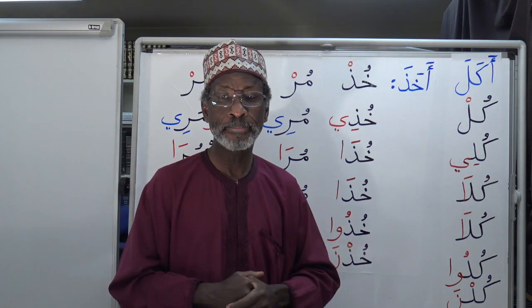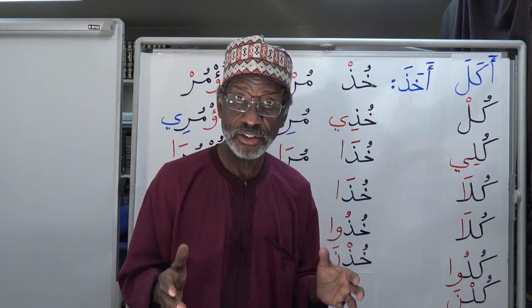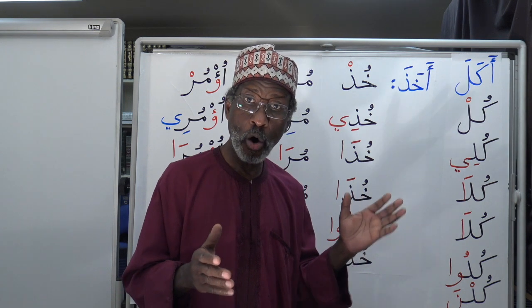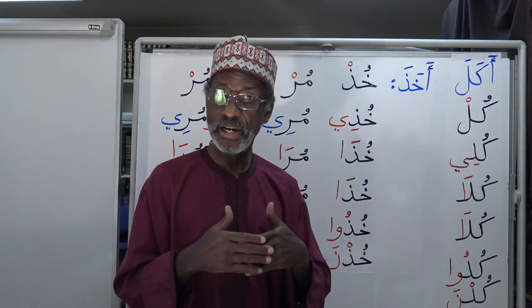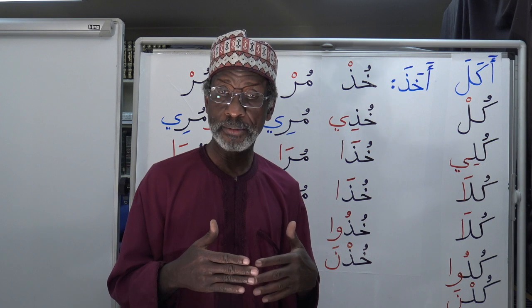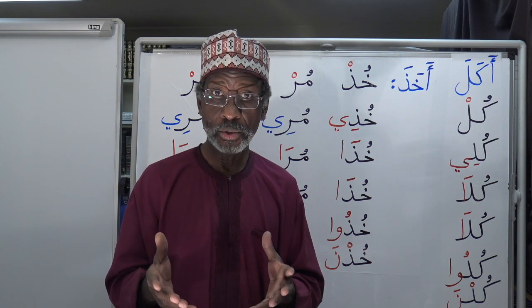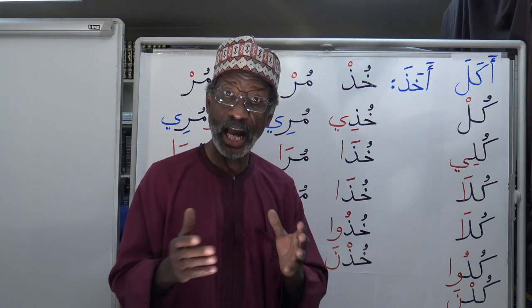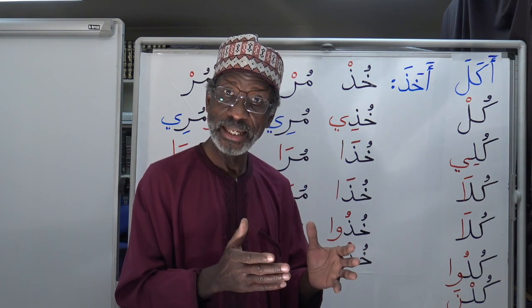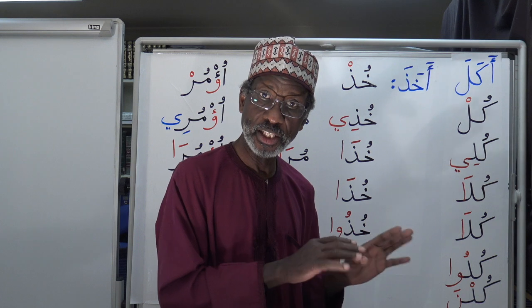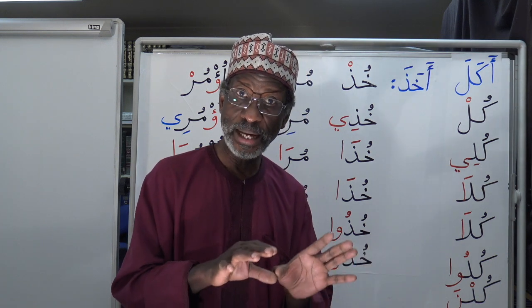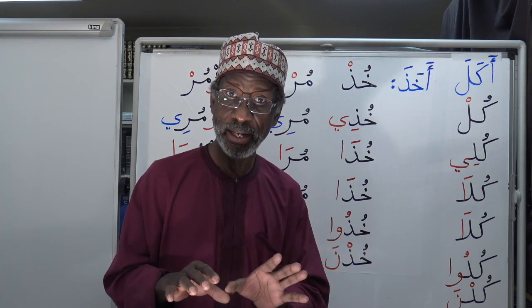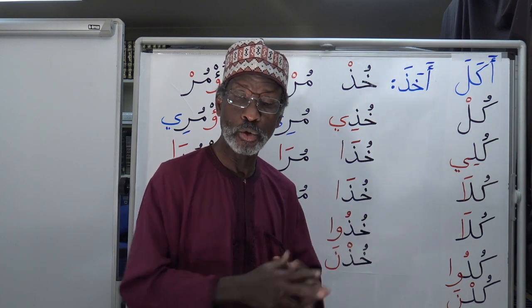That is in order. The present tense of the same verb also is conjugated in a very normal way. You say ya'kulu, ya'kulani, ya'kuluna. Ta'kulu, ta'kulani, ya'kulna. That's the third person, masculine and feminine, singular, dual, and plural.